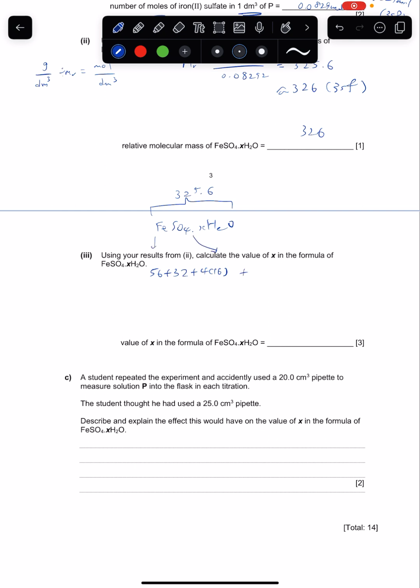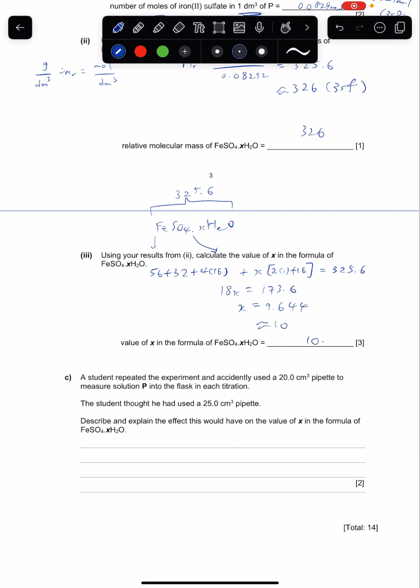Plus x of (2 plus 16) equal to 325.6. Okay, calculator, 56 plus 32 plus 64. 325.6 minus this. Oh, you end up 18x equal to 173.6. So x is 9.644, which is pretty much 10.